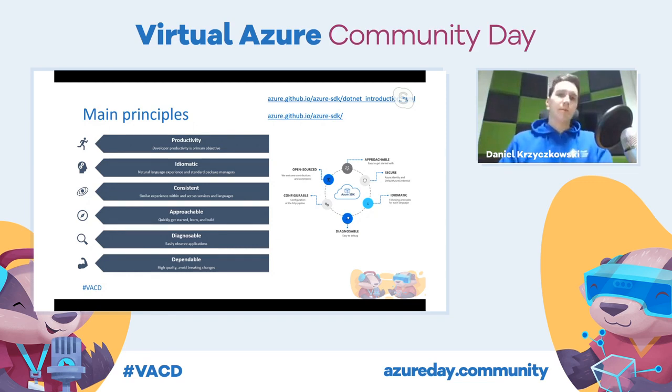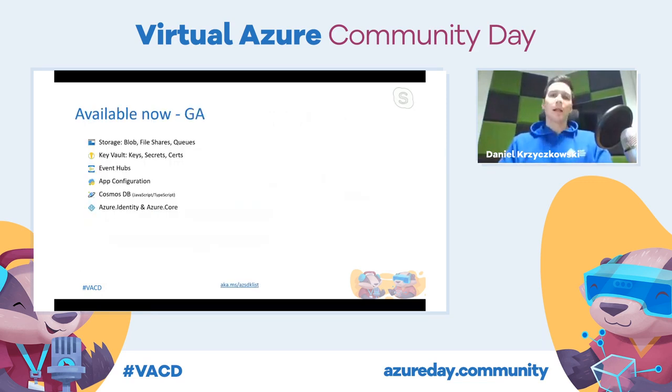And right now, I would like to also mention some generally available libraries, so you can use them right now, and they are related with the new Azure SDK. So right now, what we have as developers for our applications: SDK for Azure Blob, file shares and queues. So we can use storage SDK to connect to the Azure Blob Storage, for instance, to implement upload and download of files in our applications. We can use Azure Key Vault SDK in our applications.